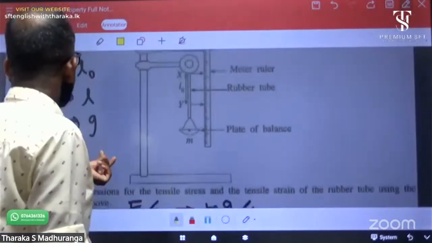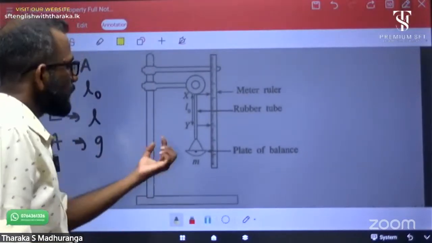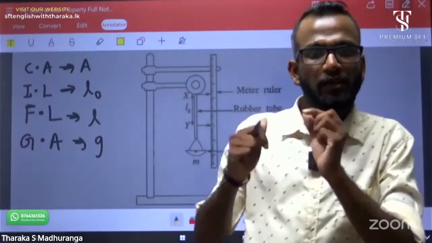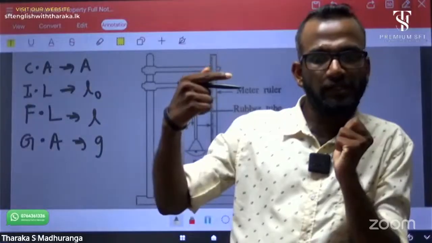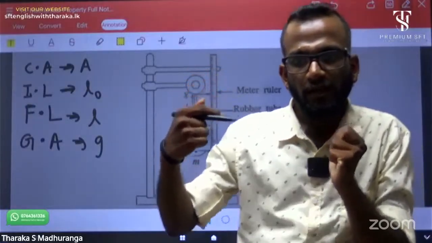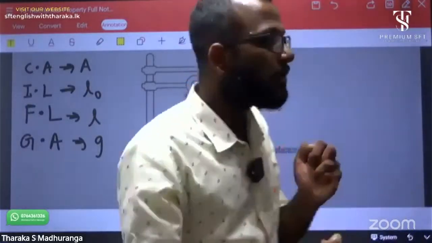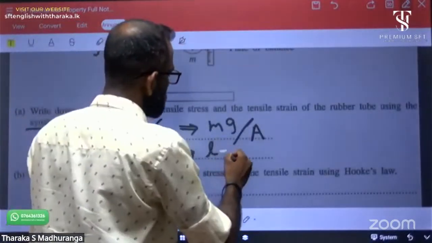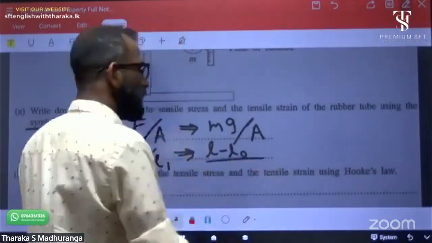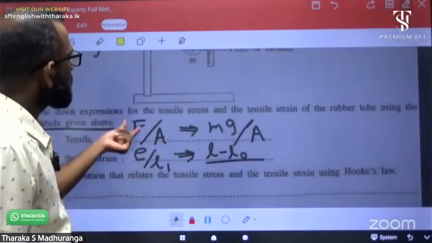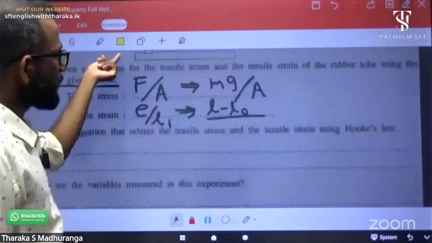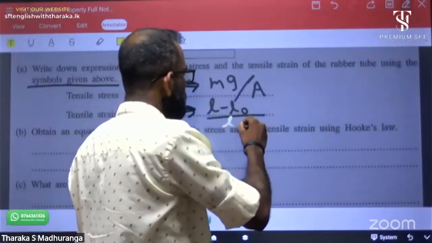Extension means delta L, the length difference, which is final length minus initial length: L minus L naught. Divided by the initial length, which is L naught.